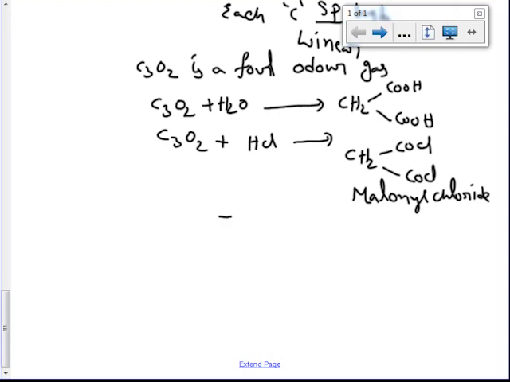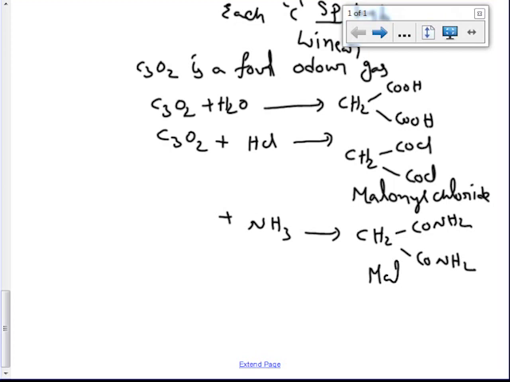If it reacts with ammonia, it becomes CH2(CONH2)2. The name of this compound is malonyl amide.